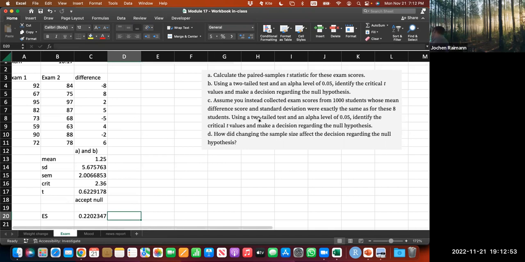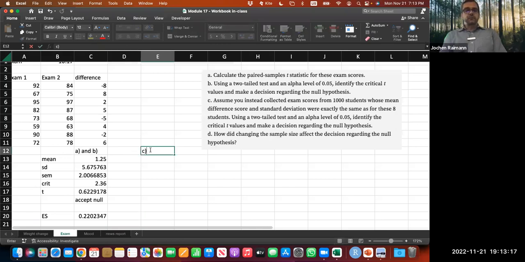Now assume you collected exam scores from 1,000 students rather than 8. And the mean and the standard deviation were exactly the same as for the 8 students. If you were to use in a two-tailed test an alpha level of 5%, how would you test this hypothesis?